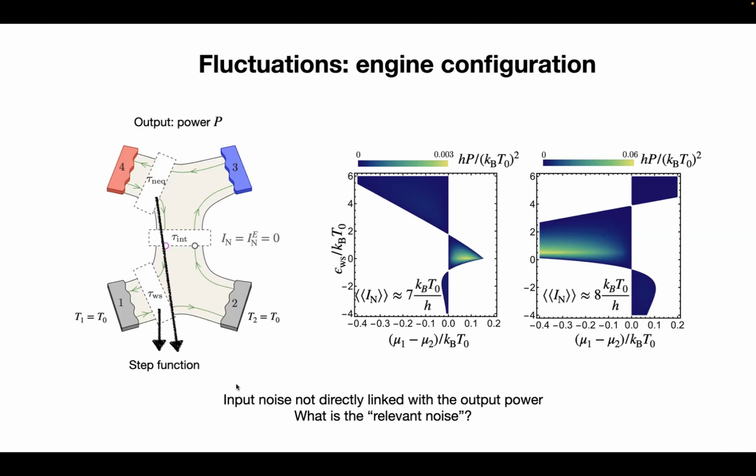So this is not the case, which brings us to the question we are working on at the moment, which is to identify the relevant part of the noise. Because apparently these results show that not all the fluctuations are converted into some useful output. And so we are trying to understand whether we can define some combination of noises or parts of it that are directly related to the useful quantity in the system.